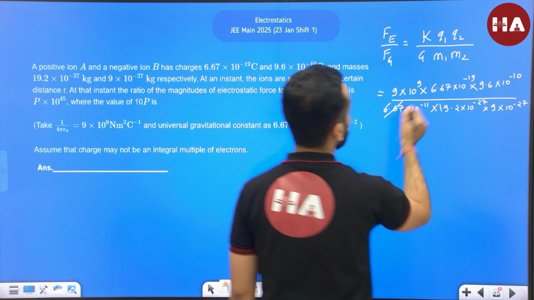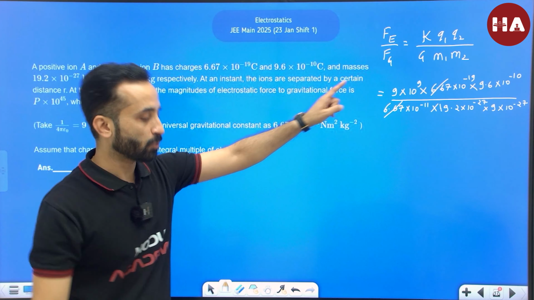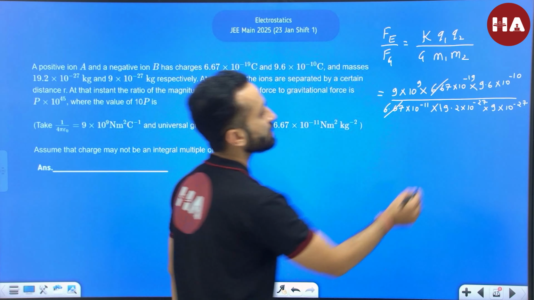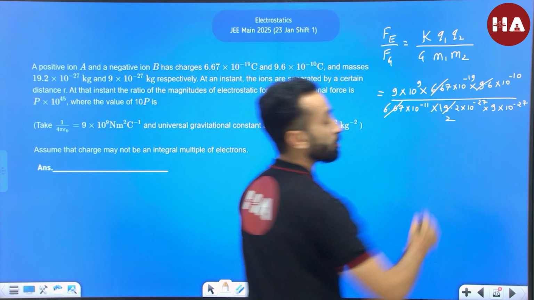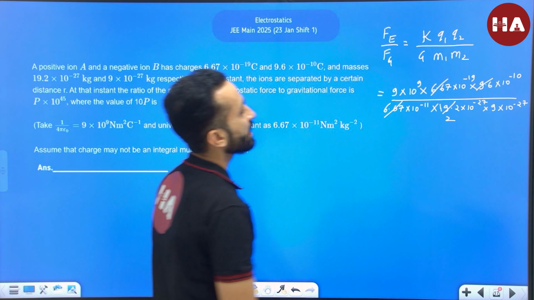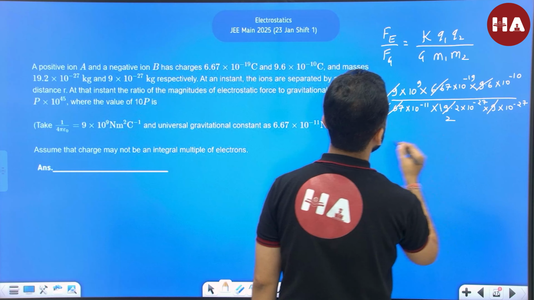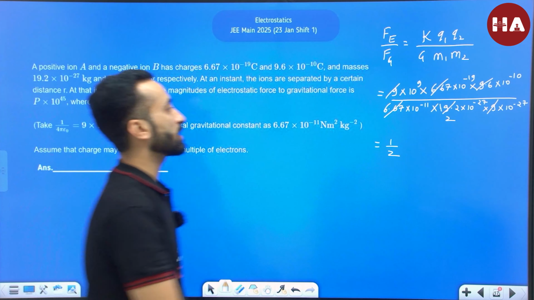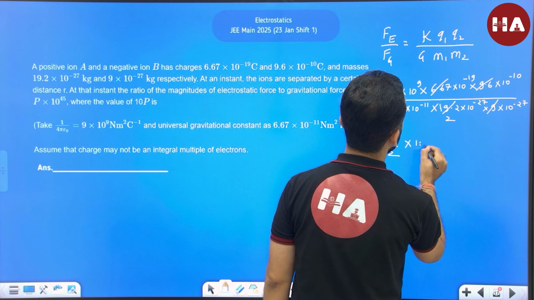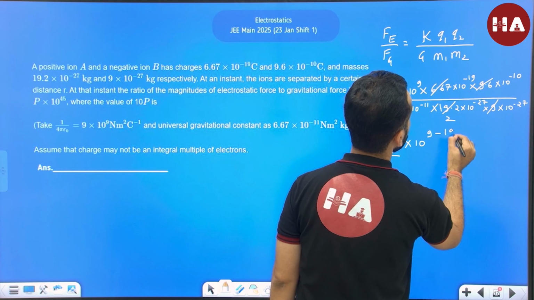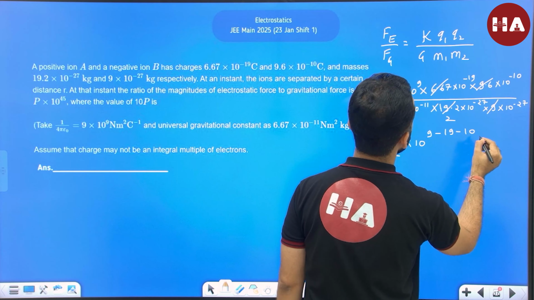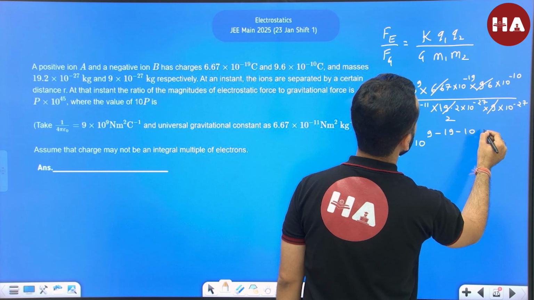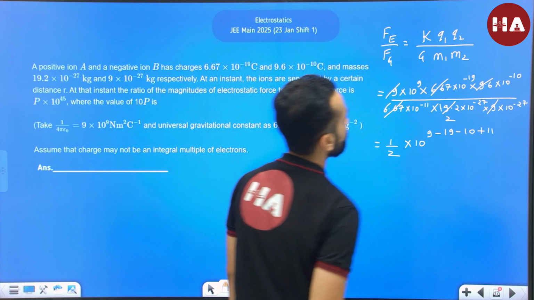So even the data looks very easy to handle. 6.67 and 6.67 will cancel out. 9.6 will cancel out with 19.2 two times. And this 9 and 9 will also cancel out. So what are we left with, students? We are left with a 2 in the denominator, don't forget that. And the power of 10 is going to be 9 minus 19 minus 10, and this is going to be plus 11, right?